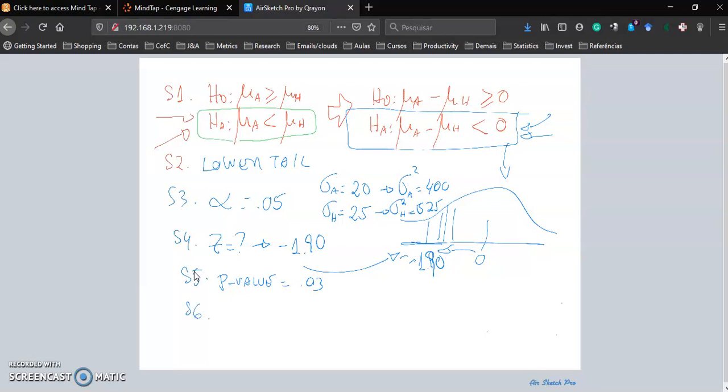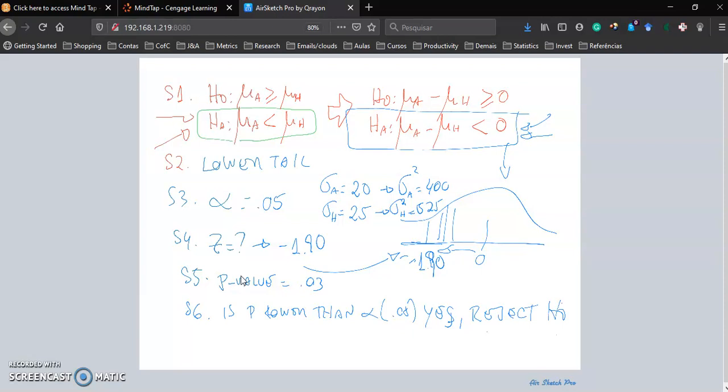Step number 6, compare the p-value and the alpha level. Let me take a step back. Is the p-value lower than the alpha, which is 0.05? Yes. So reject the null hypothesis.